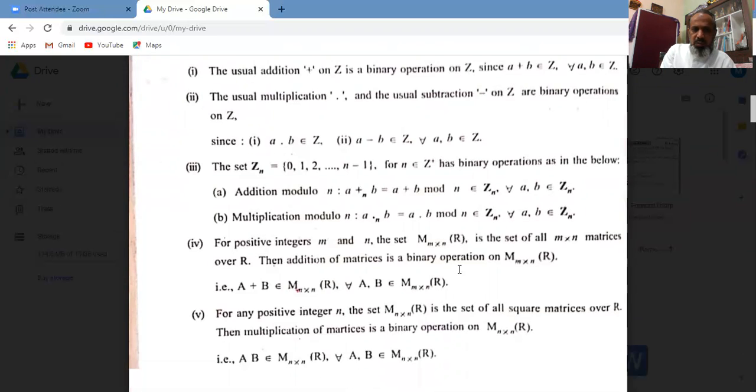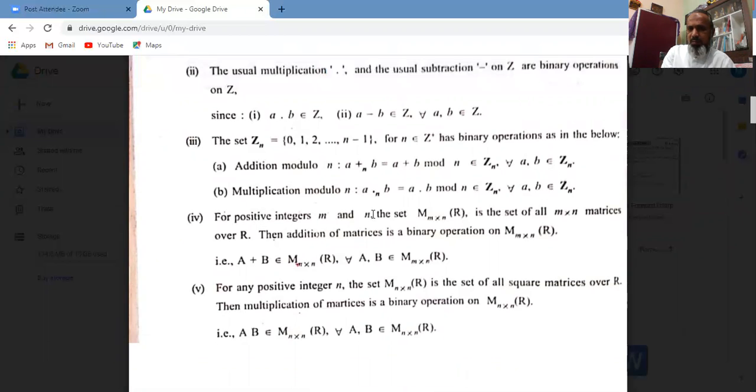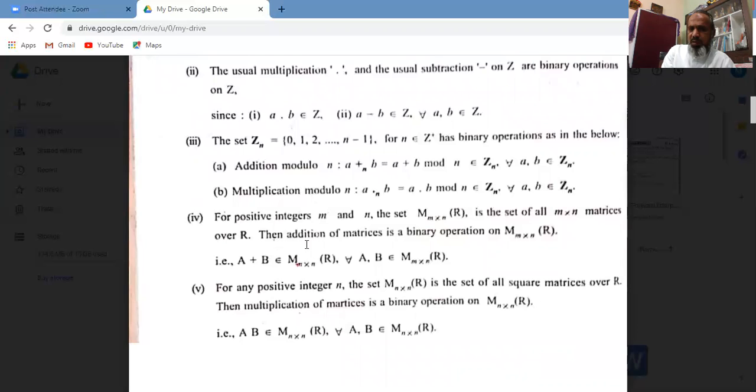So next example is, for positive integers m and n, the set of all m by n order matrices whose entries are from real numbers. So this is the set of all m by n matrices over the set of real numbers. So addition of two matrices is a binary operation on this set.